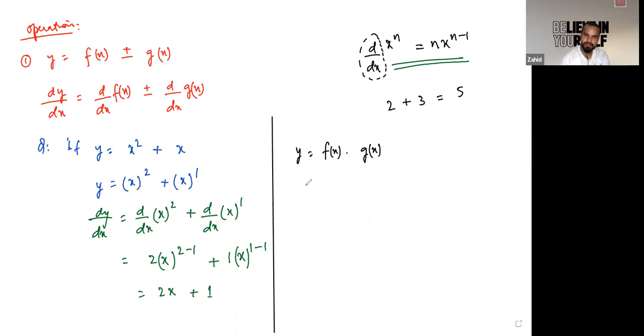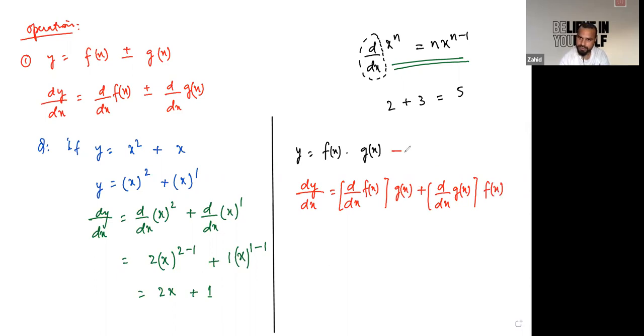According to differentiation, dy over dx is: differentiate the first part, f(x), and multiply it by the second part, g(x), plus differentiate the second part, g(x), and multiply it by the first, f(x). This rule is called the product rule, which is defined for two functions related by multiplication or product.